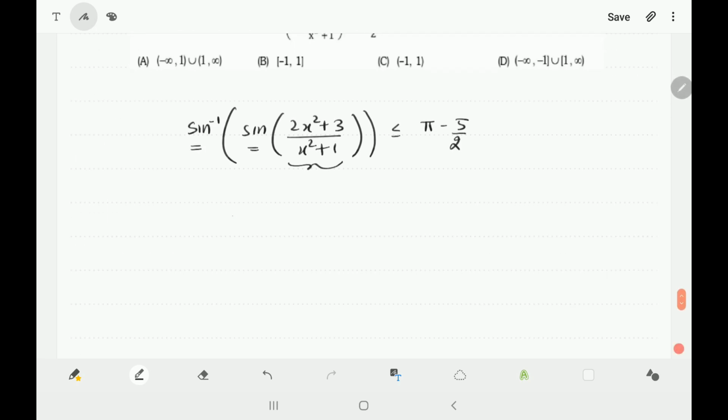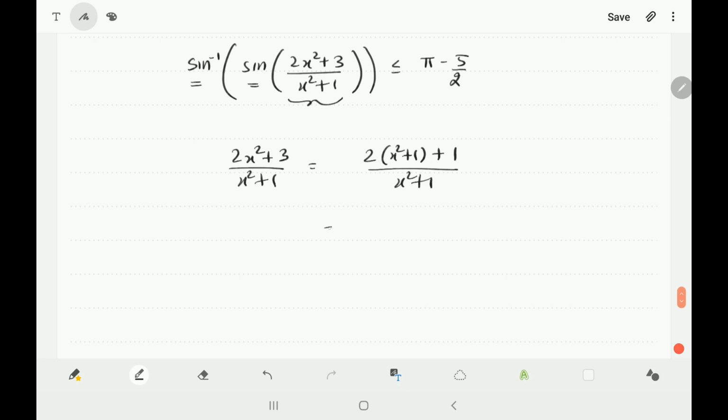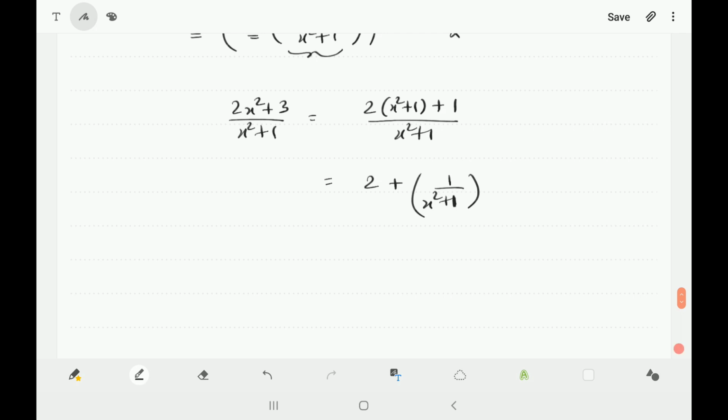So let's first check the range of (2x² + 3)/(x² + 1). I can write this term as 2 times (x² + 1) plus 1, upon (x² + 1). So this term will now become 2 plus 1 upon (x² + 1). Is this clear? Now we already know the range of x² + 1 is from 1 to infinity.